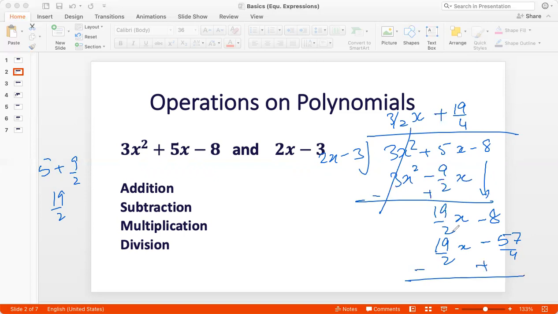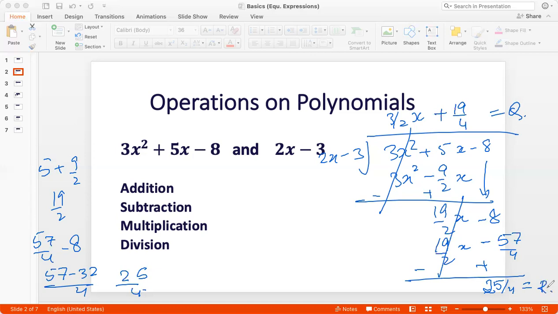I change the signs, this cancels, and 57 by 4 minus 8 would be 57 minus 32 by 4, which is 25 by 4. So my remainder finally is 25 by 4, and I can't solve any further. So here, when I divide these two, my quotient is 3 by 2x plus 19 by 4, and my remainder is 25 by 4.